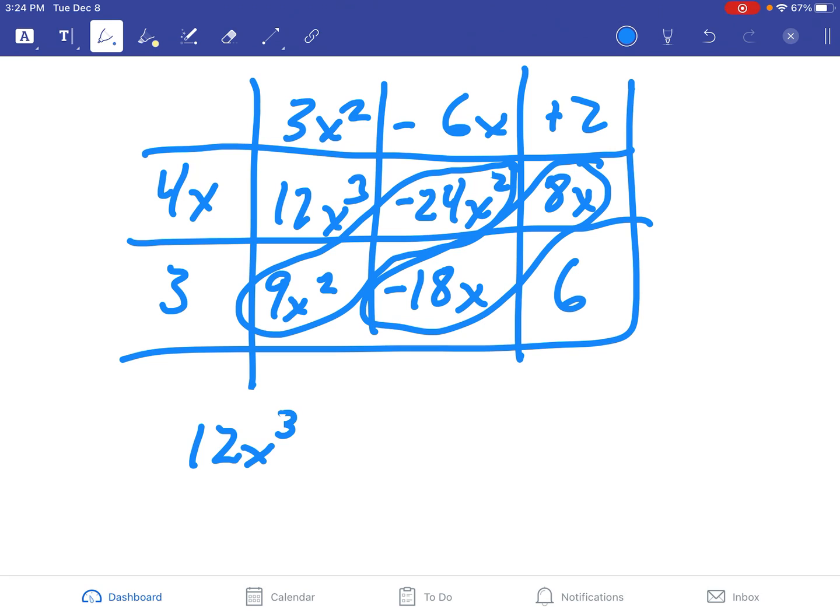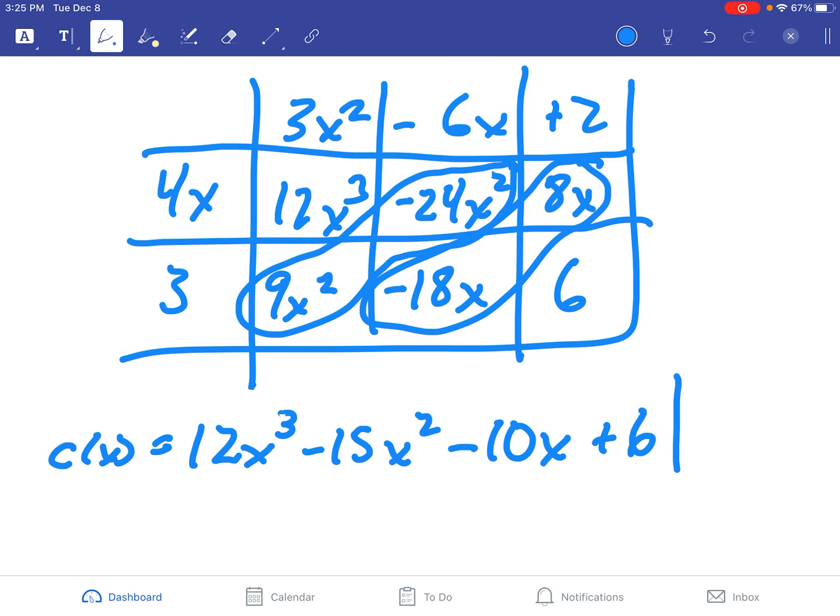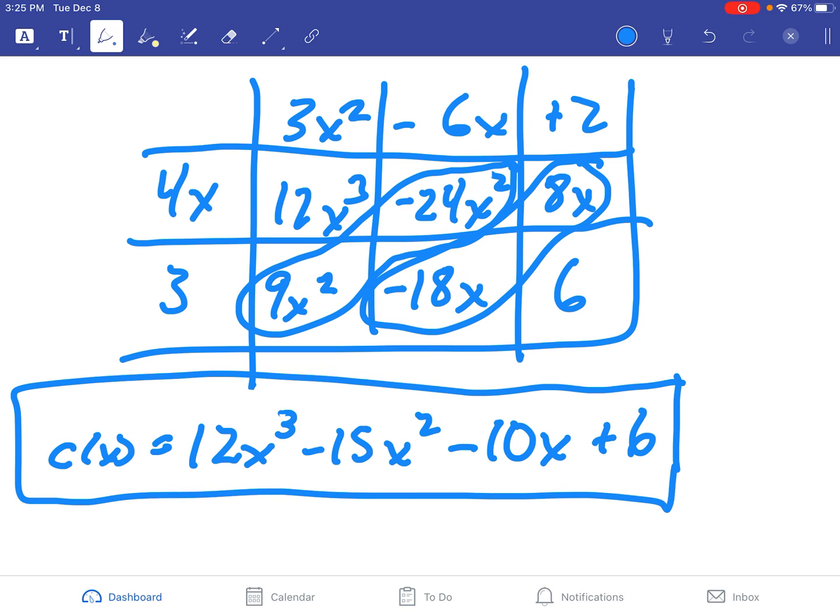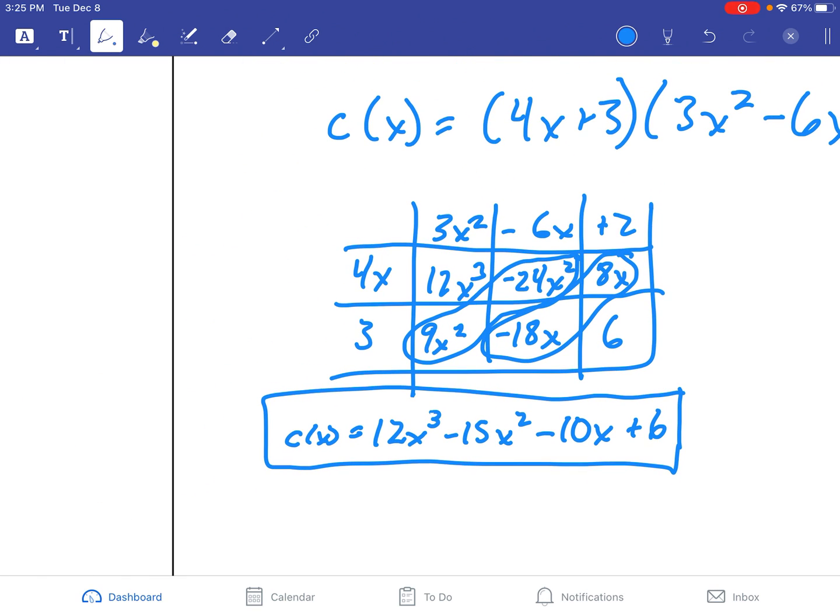Let's do this. 24 minus 9 is going to be, that's not right. 24 minus 9 is negative 15x squared, and then negative 10x plus 6. And this is all c of x. Make sure you put your function notation part in there to finish off the problem. And that is the answer.